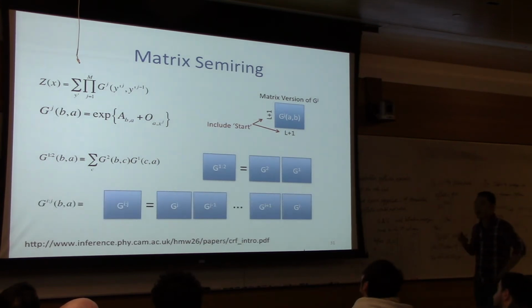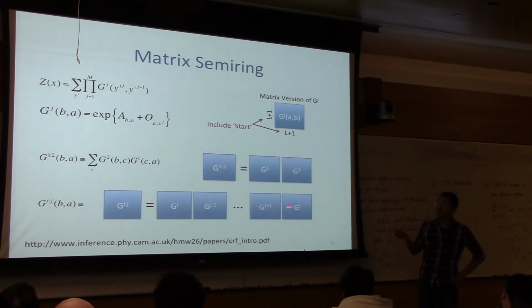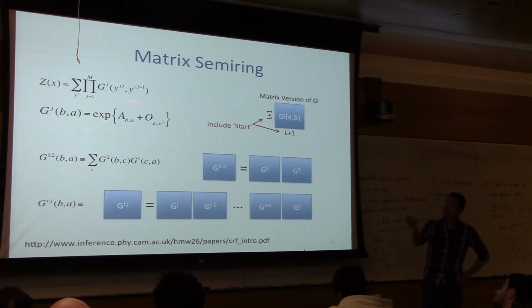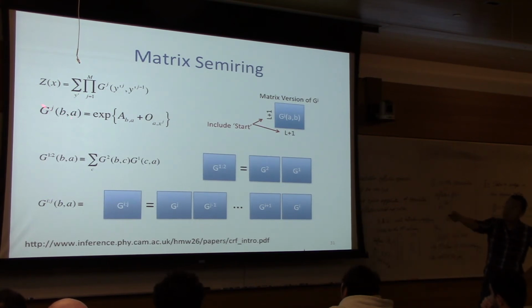And then you could, of course, recursively define this. So G from i to j, from the ith token to the jth token, is equal to this summation of these matrices. And recall that each matrix is of this form. The only thing that depends on the location you are in the sequence is the observation.